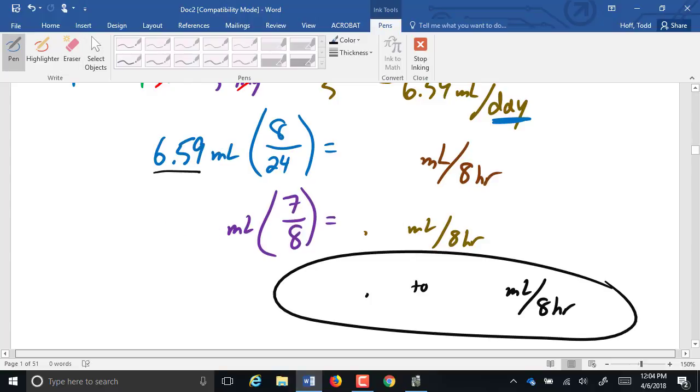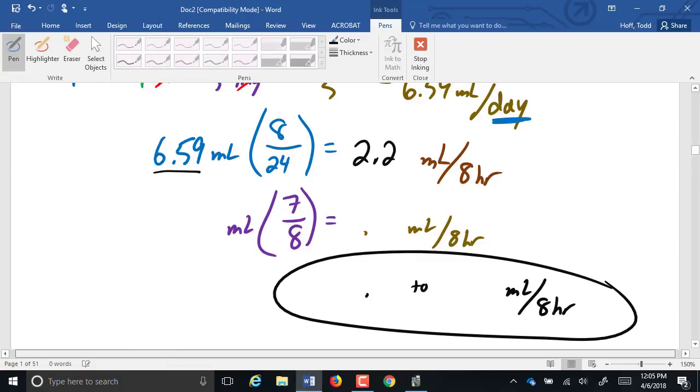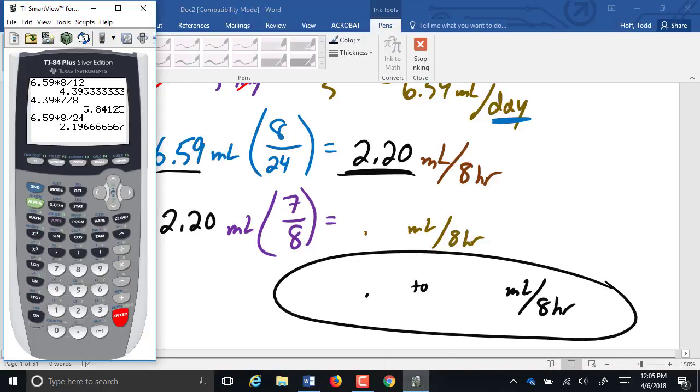6.59 times 8 divided by 24 has to be a lot smaller than that. Times 8 divided by 12 is 2.196, 2.20. That sounds way better. So the maximum dosage is 2.20 milliliters every 8 hours. That's what we have to then titrate for the minimum.